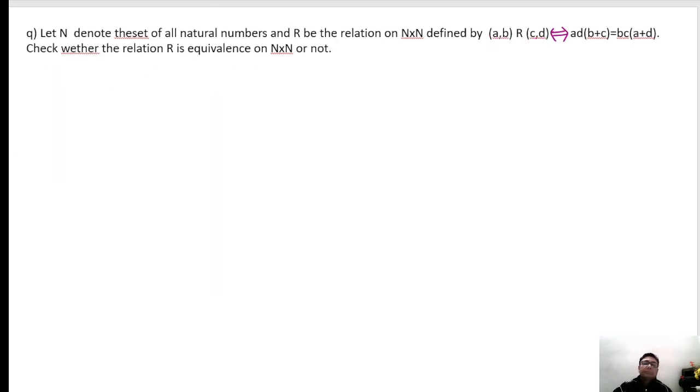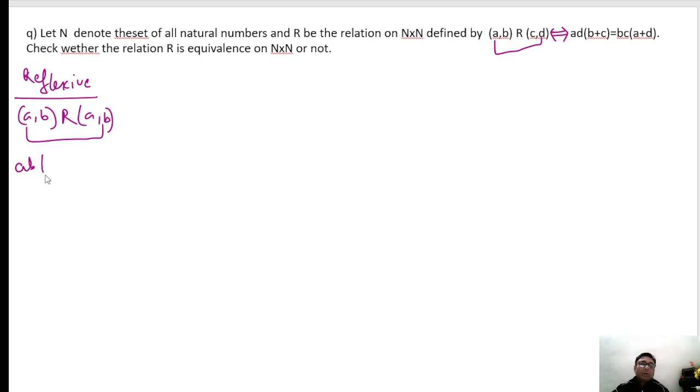Let's check another one. AB R CD, we have to write like this: AD(B plus C) = BC(A plus D). So let's check for the reflexive. AB R AB. Okay, so let's check if both are correct. So see how we are doing. AD, that means I will choose AB, bracket.